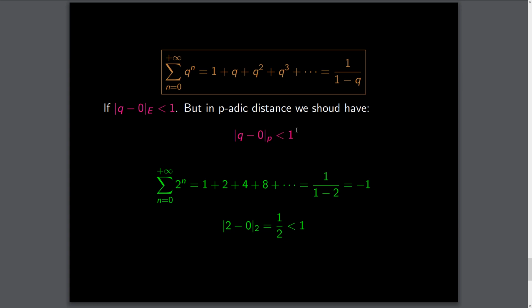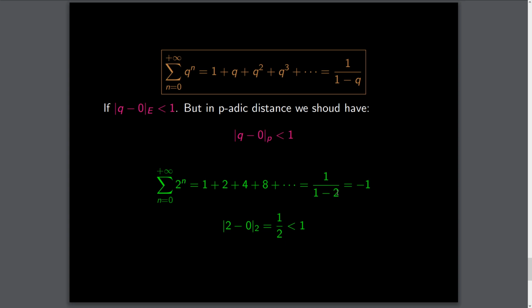And in this concept, for example, the two-adic norm of 2, so the two-adic distance of 2 from 0, will be 1 divided by 2, which is obviously smaller than 1, meaning that this series will converge in that concept of absolute value, or in that concept of distance. So 1 plus 2 plus 4 plus 8 forever and ever will converge to 1 divided by 1 minus 2.